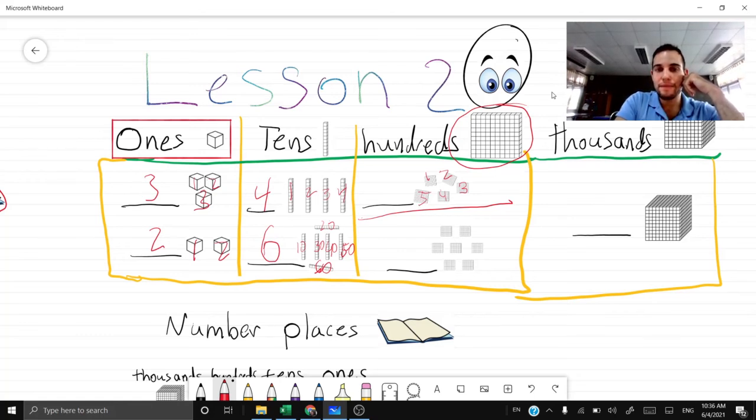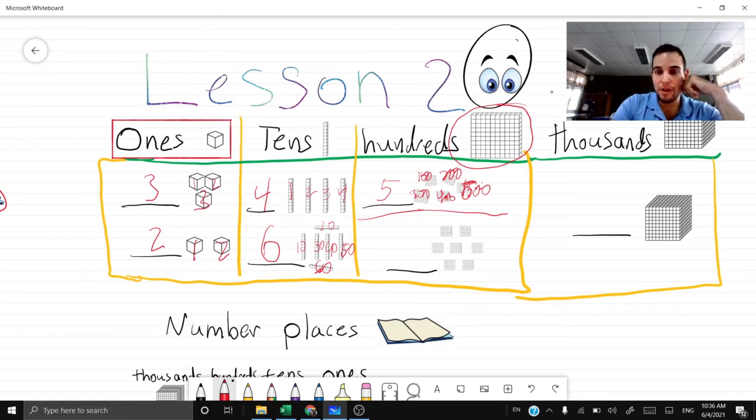We have 5 hundreds. But how many cubes are there? So let's count together. Ready? 100, 200, 300, 400, 500 cubes. That means 5 hundreds are 500 cubes.